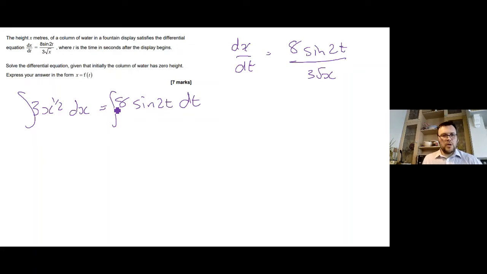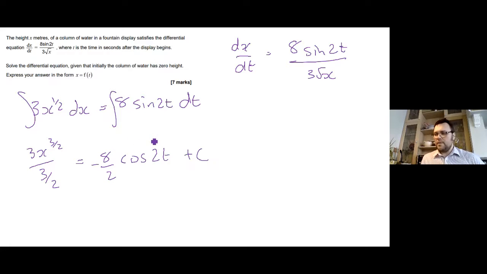In doing so, we have 3x to the 3 over 2 divided by 3 over 2 equals 8 sine 2t. Sine goes to minus cos, and then the 2 would come out, so it's going to be 8 over 2, minus 8 over 2 cos 2t plus c.